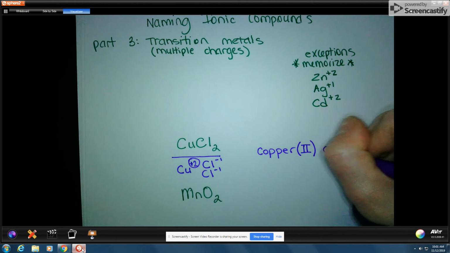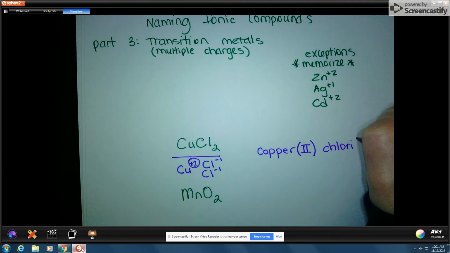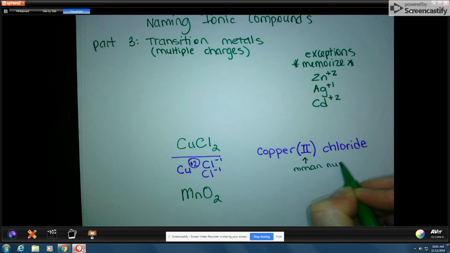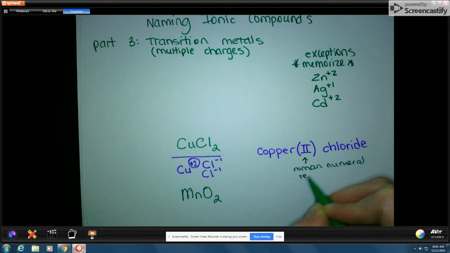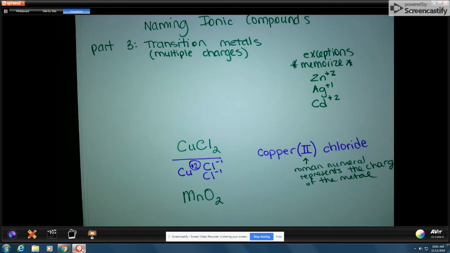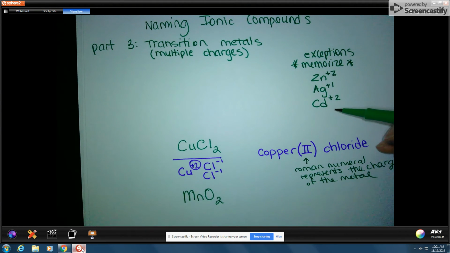So the chlorine becomes chloride. So this Roman numeral represents the charge of the metal. You have to provide that unless it's one of these three.